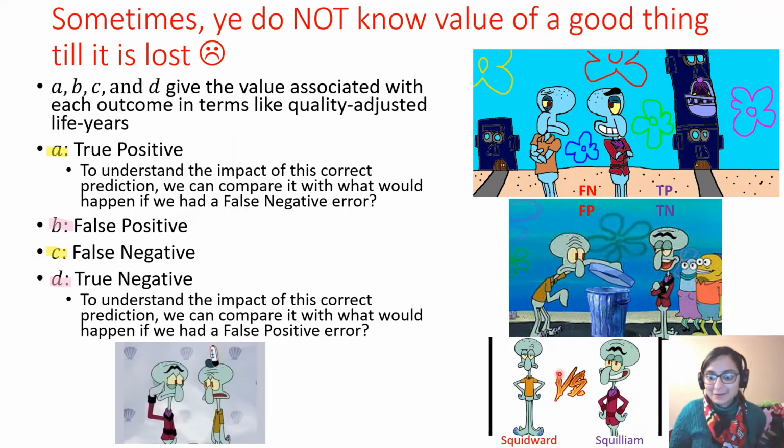Ultimately, we hope that after comparing Squidward with Squilliam, in the end, Squilliam, who here represents the true negatives or the true positives, those correct predictions, can come to see himself as a true positive, seeing the false negative side of things. And if he is a true negative, he can see the false positive side of things.